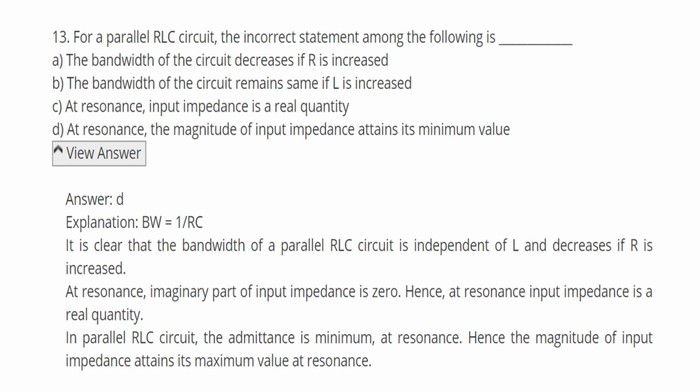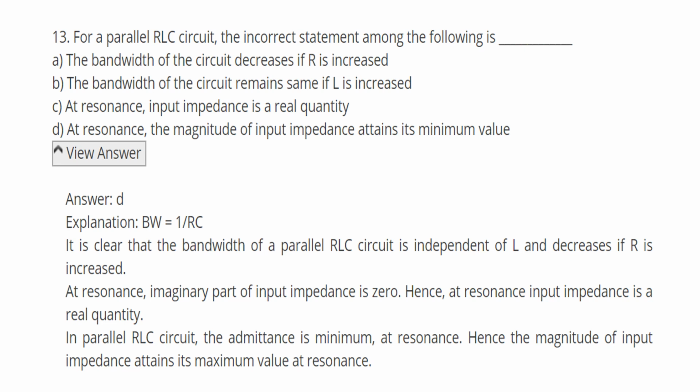So the answer, which one is incorrect? The explanation is here. The answer is D. Bandwidth equals 1 upon RC. It is clear that the bandwidth of a parallel RC circuit is independent of L and decreases if R is increased.